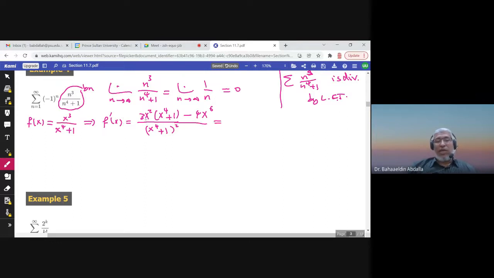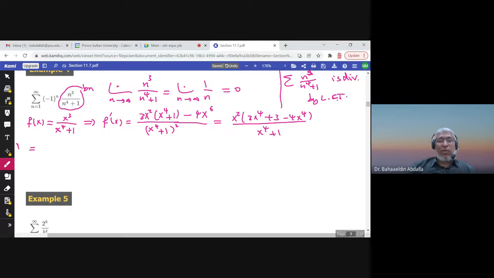So let me take x squared as a common factor. So I'll have 3x to the power 4 plus 3, because I took x squared as a common factor, minus 4x to the power 4, because I took x squared as a common factor, over x to the power 4 plus 1.